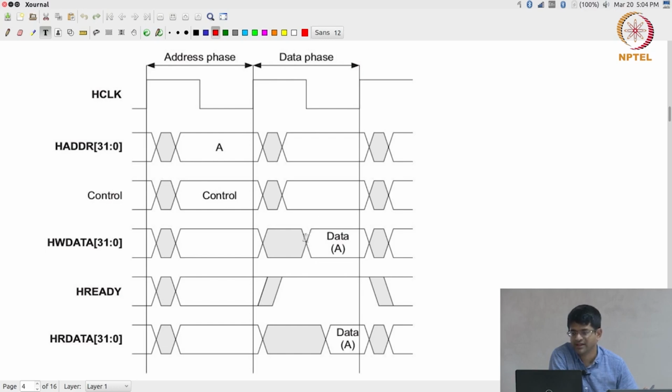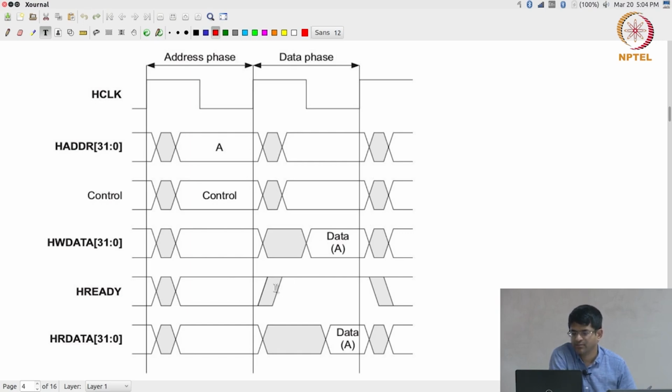Whoever put out the address is also the one putting out the data onto HWDATA. The ready signal is actually coming back from the other side. So HWDATA is coming from the bus master, and the ready signal is sent by the slave.